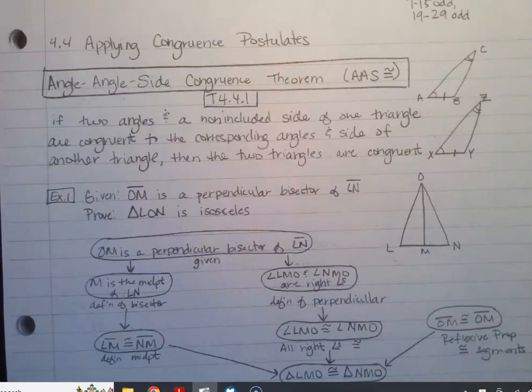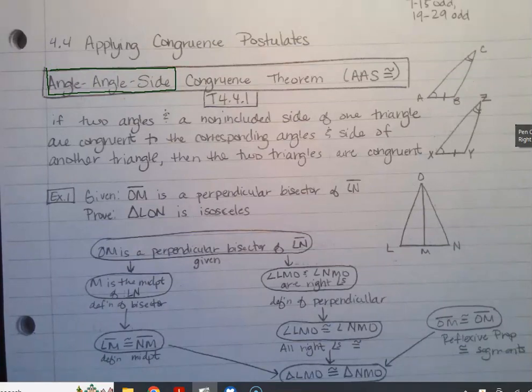It is broken-ish. All right, so we have a new theorem today, a new congruence theorem. This one is angle, angle, side. Let me get a different color that sticks out a little more. Angle, angle, side.